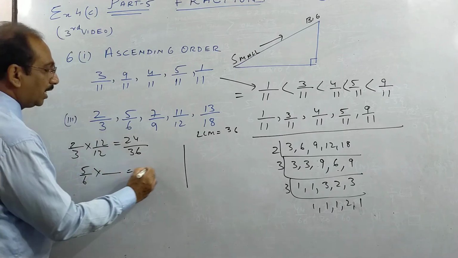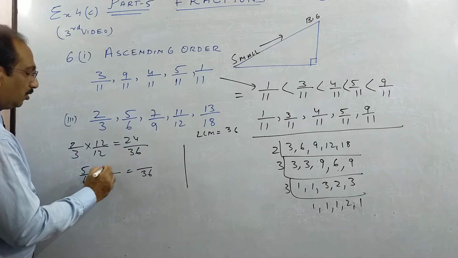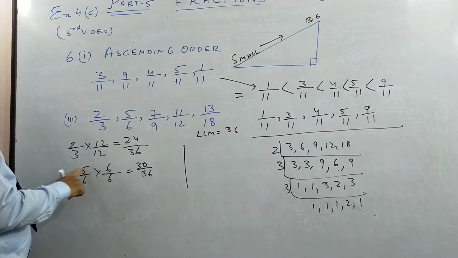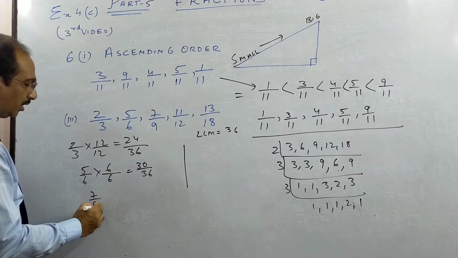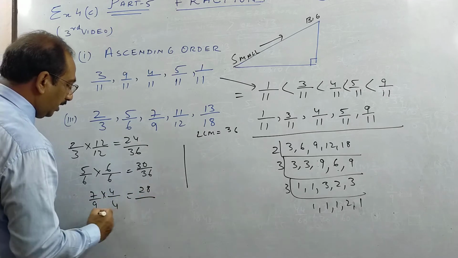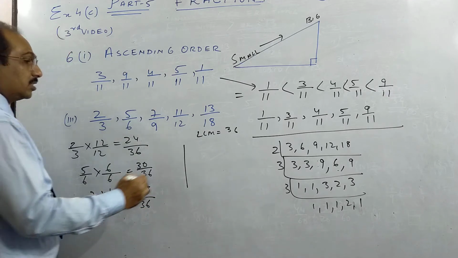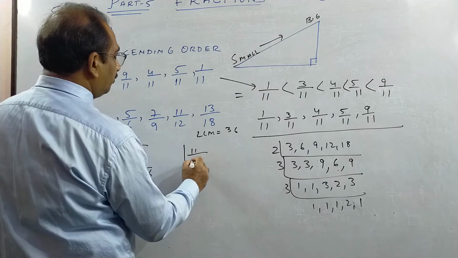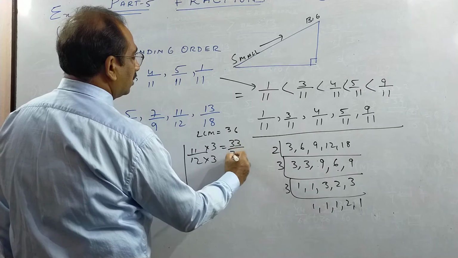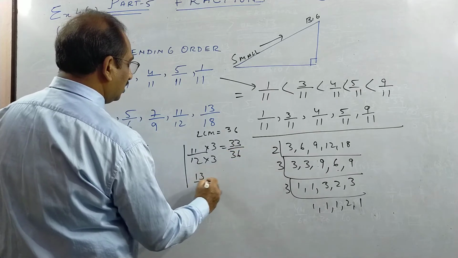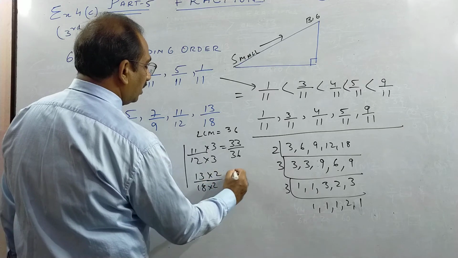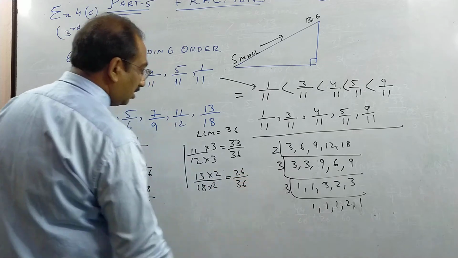You will multiply by 6 so that you get 36: 6 sixes are 36, and 6 fives are 30. 7 by 9, what will you multiply? 4. 9 fours are 36, and 7 fours are 28. 11 by 12, you will multiply with 3, giving 33 by 36. 13 by 18, multiplied by 2 and 2, we get 26 by 36.